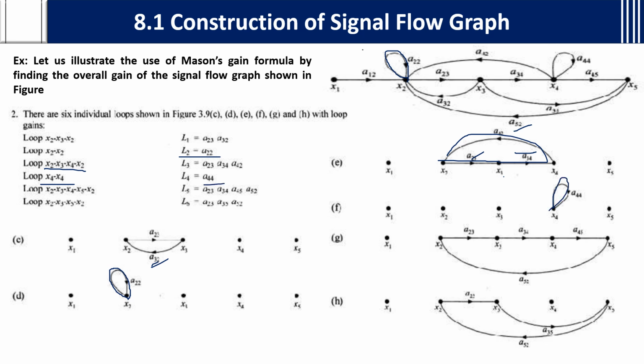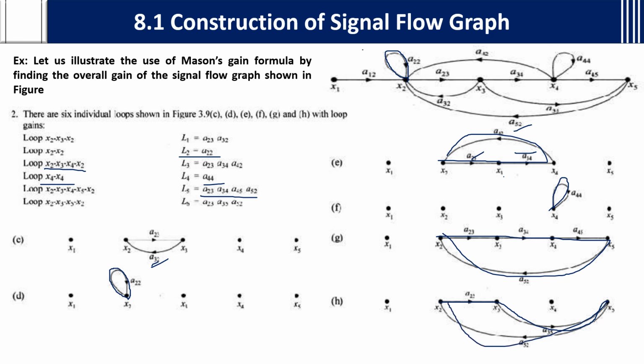Then from here, if you see X2, X3, X4, X5, another loop is there. The gains are A23, A34, A45 and A52. Then the next loop, if you see clearly, is X2, X3, X5 and back to X2.